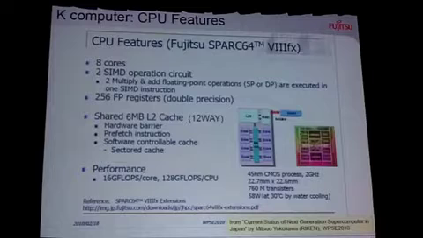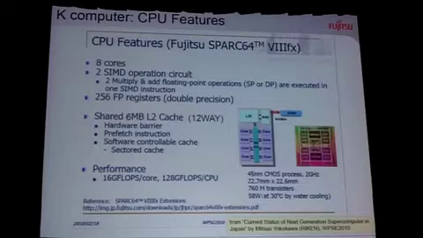And here are the CPU features of the K computer. It includes 8 cores and 2 simultaneous operation units, a 2 multiply-add floating point unit executing simultaneous instructions. We also have some extensions to the SPARC architecture. For example, we have 256 floating-point registers. The processor also has a shared 6 megabyte L2 cache, and a sector cache.